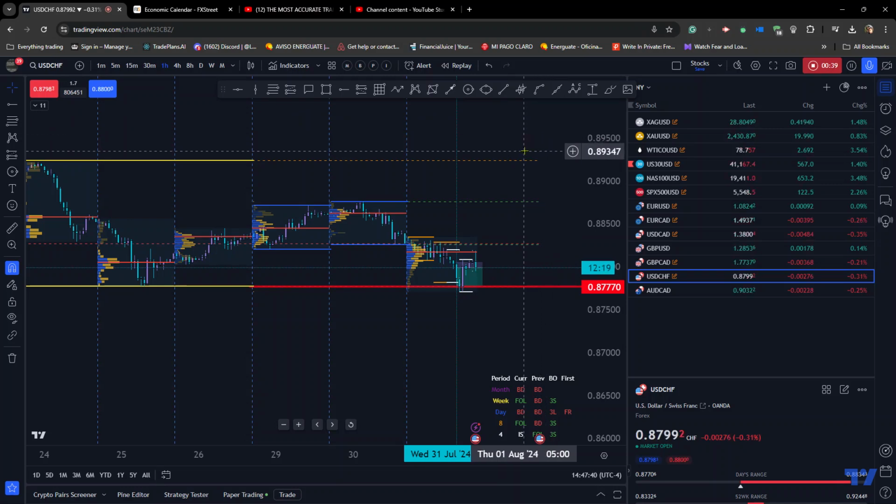I'm also looking at the days of the week, the weekly cycles, the daily cycles.